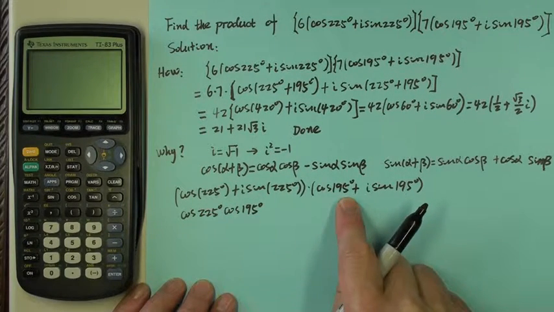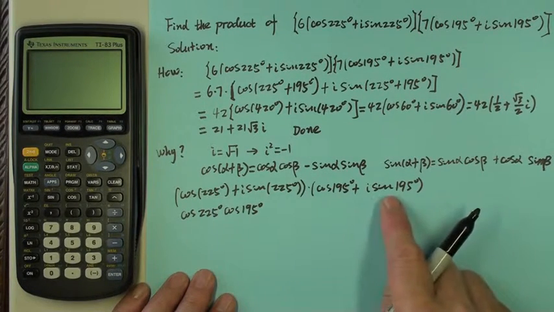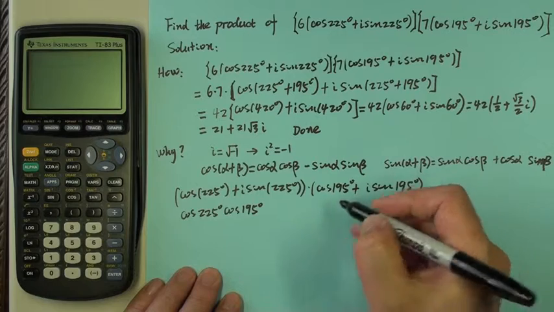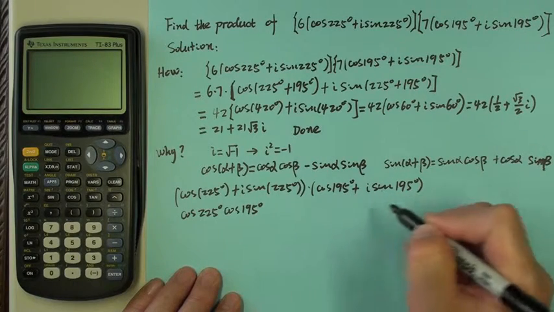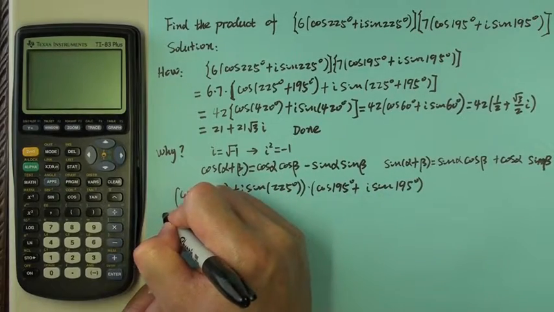That's the first product. And then the outer product is cosine sine.